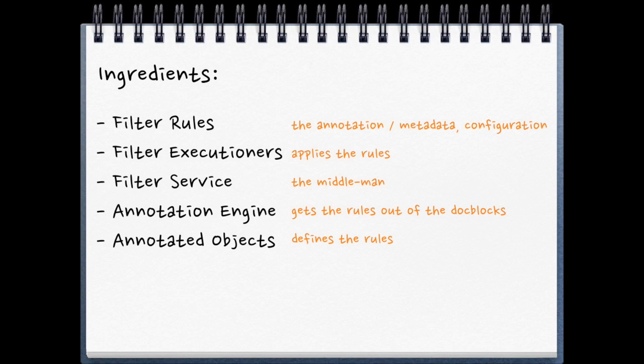Then we have a service, which is basically our middleman. It's the guy who gets an object and triggers all of these actions and knows how to find the executioners and all that kind of stuff. And then we have an annotation engine, which is pretty much what Doctrine will be doing. And we obviously need objects with annotations, so annotated objects. We need that as part of the whole thing. Otherwise, you don't have anything to read.